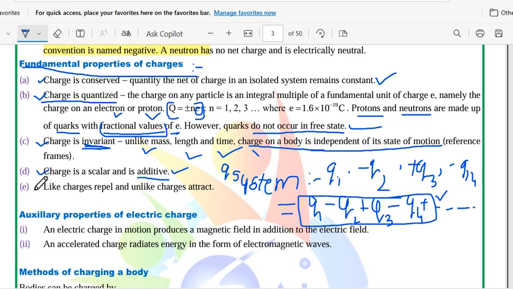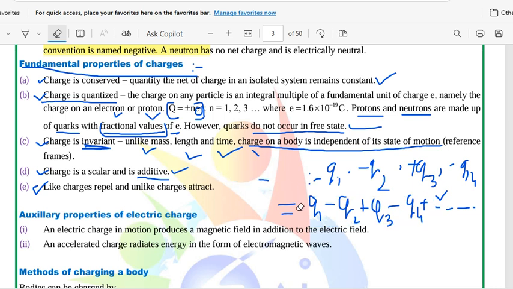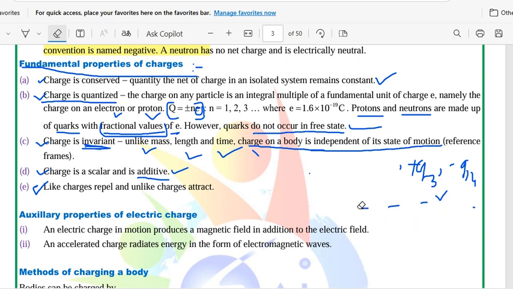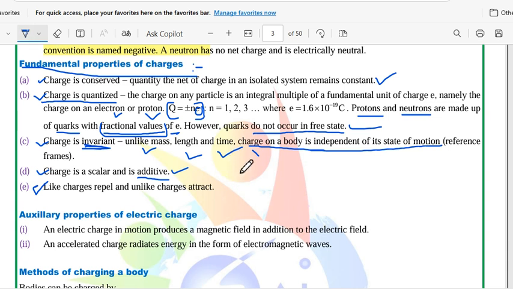And the next property is that like charges repel each other and unlike charges attract each other. The property that is present here is that like charges repel each other. Let me tell you. Suppose we consider like charges, and those two charges are both positive.